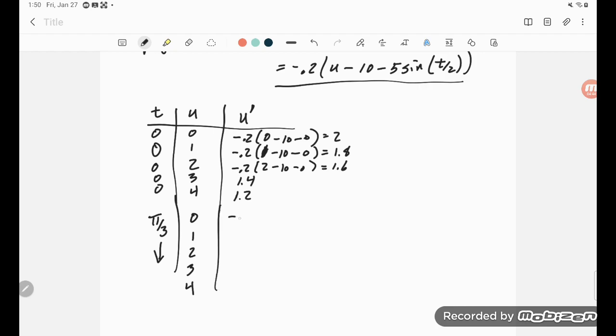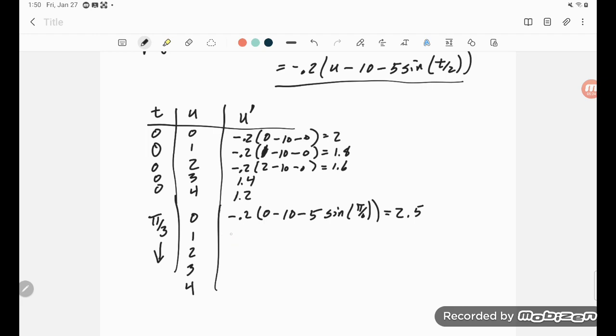Well, then I would have my minus 0.2, 0, minus 10, but then minus 5 times sine of pi over 6. And well, sine of pi over 6 is a half. And so we get minus 12 and a half times a negative 0.2. And so I guess that's 2.5 maybe.